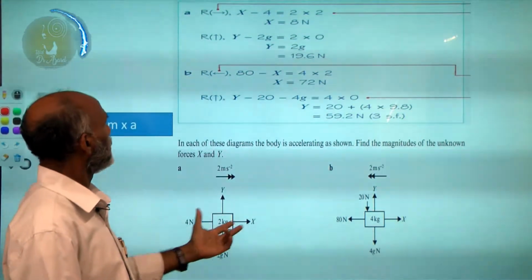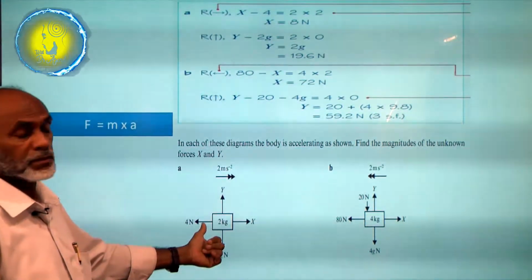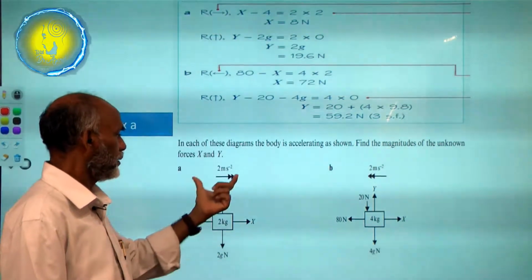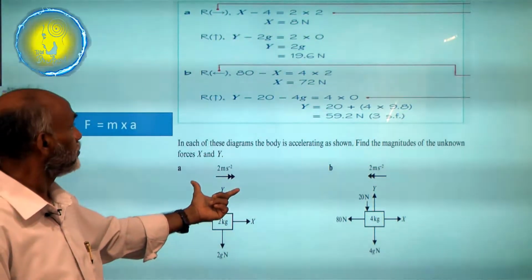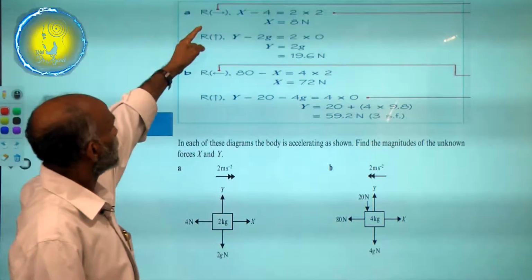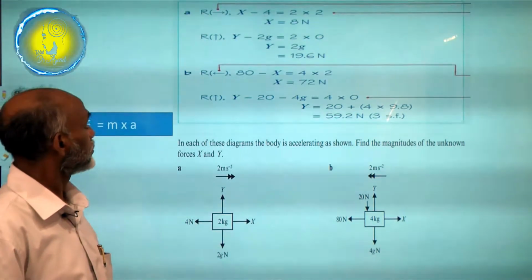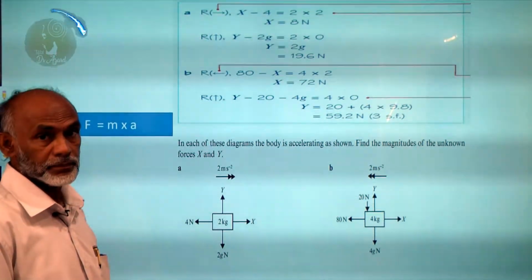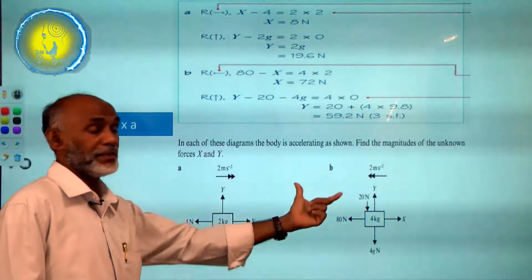Let me do some examples. Suppose this 2 kg particle is moving with a constant acceleration of 2 meters per second squared. We have to specify the direction in which the particle is moving. From this arrow we know the particle is moving towards the right.